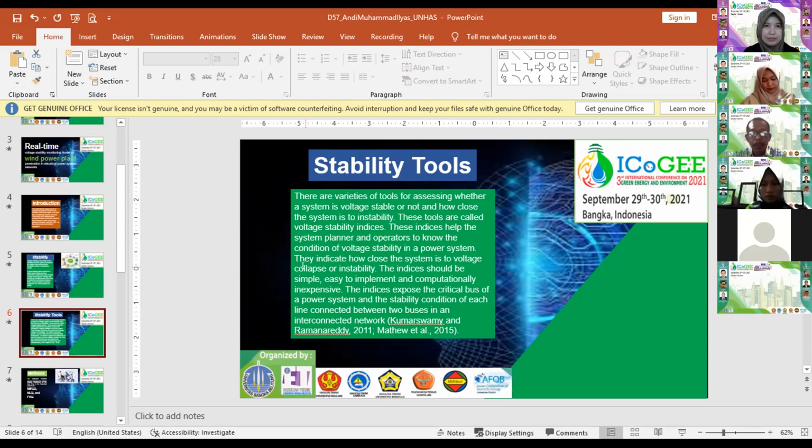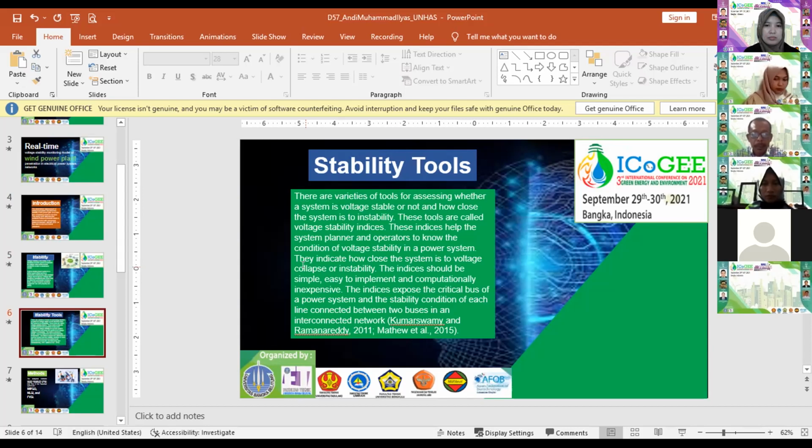The indicator should be simple, easy to implement, and not computationally expensive. The indicators expose the critical bus of a power system and the stability condition of each line connected between two buses in an interconnected network.